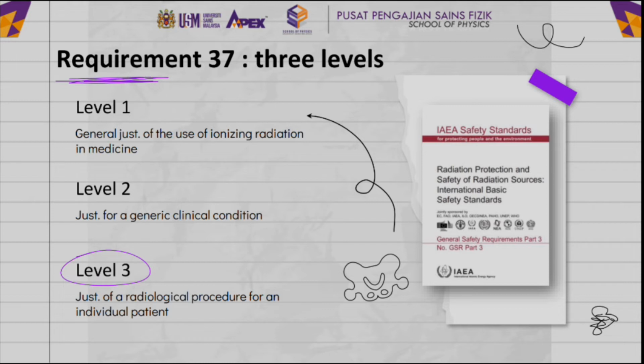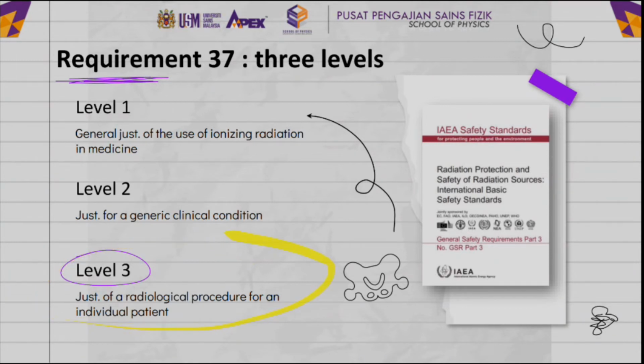Generic justification of a given radiological procedure should be carried out by the health authority in conjunction with appropriate professional bodies. The possibility of accidental or unintended exposure should be considered. This applies to new technologies and techniques as they evolve.